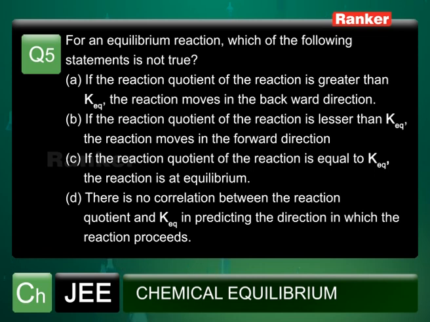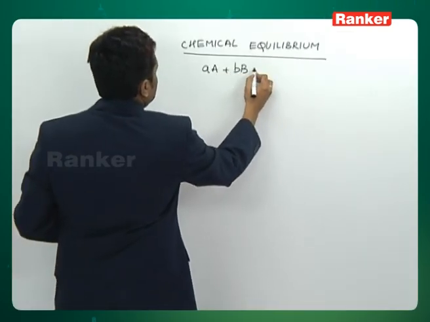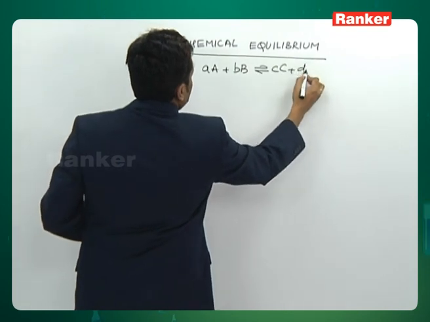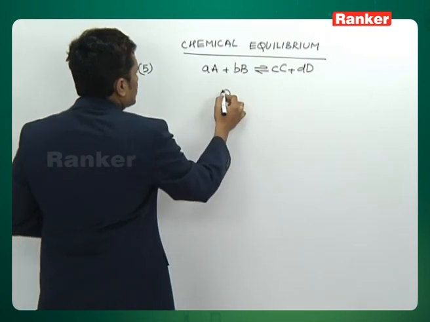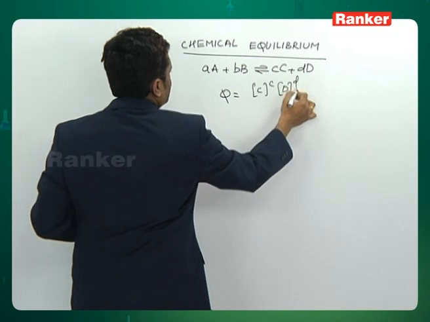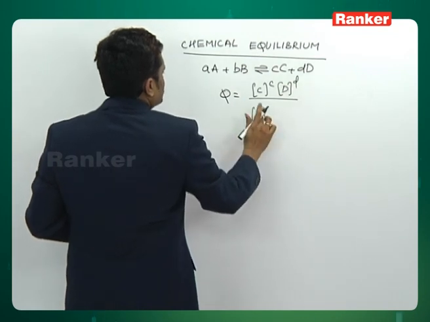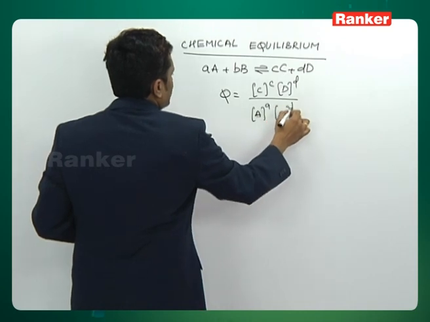So you can see here that when I take a particular reaction, say the gas phase reaction, when I want to assess whether this reaction has reached the equilibrium or not, I'll be finding out the value of Q, which is nothing but the ratio of the product concentration upon the reactant concentration raised to the power of their stoichiometric coefficient.